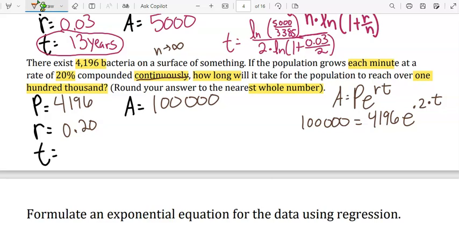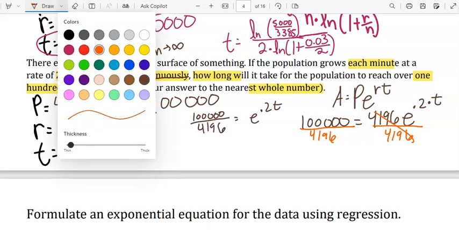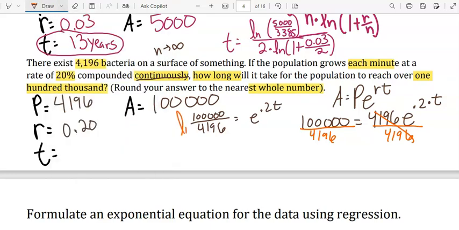To solve, we're going to divide each side by 4,196. And then rewrite it. 100,000 divided by 4,196 equals E to the 0.2 T. To get rid of an E, we're going to ln each side. That gets rid of these.